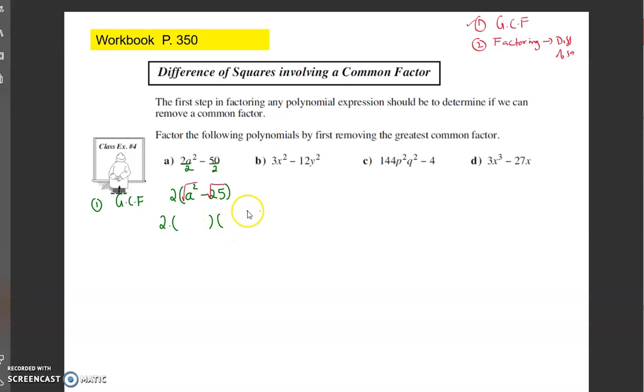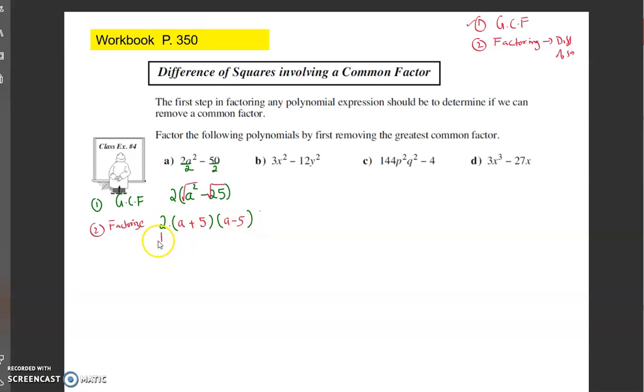And from the difference of squares, a squared becomes the square root a, and 25 gives me 5. Now you can see that we were able to do difference of squares. So step 2 is to factorize using, in this case, difference of squares. Our final answer is 2 times a plus 5, a minus 5.